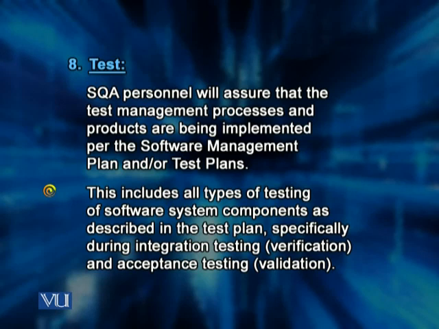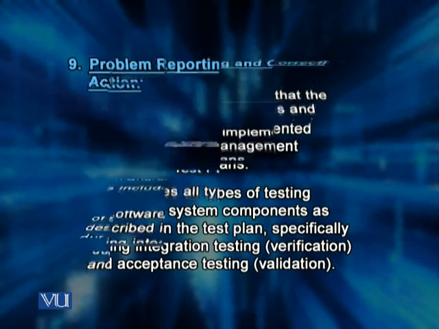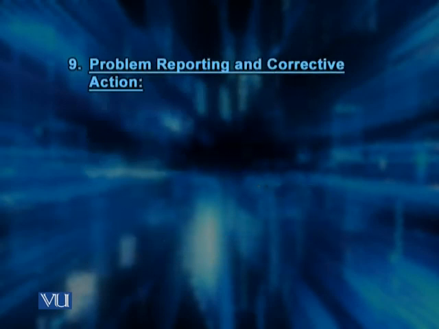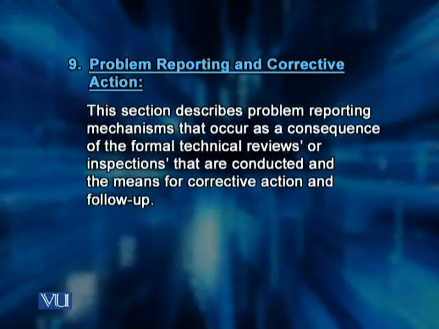SQA plan. The next section is titled Problem Reporting and Corrective Action. This section describes problem reporting mechanisms that occur as a consequence of the formal technical reviews or inspections that are conducted as part of the corrective actions and follow-up. This section also has subsections.